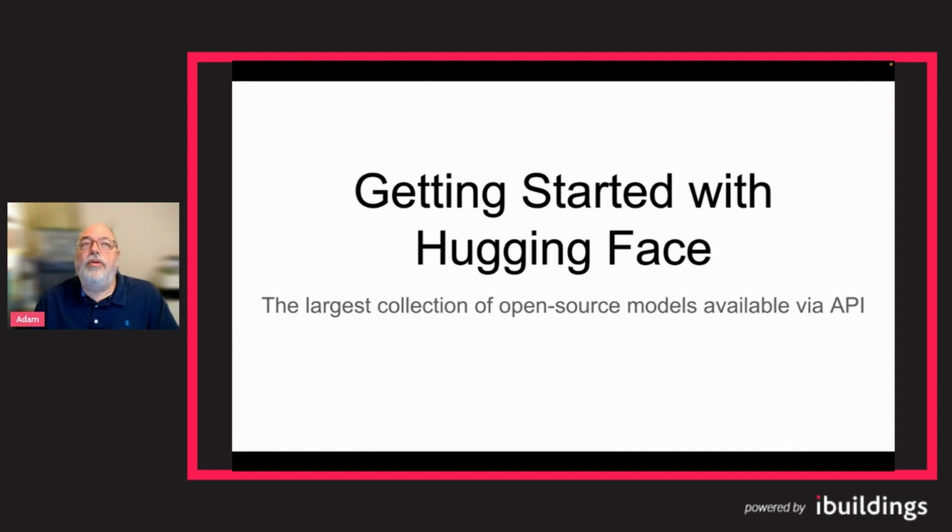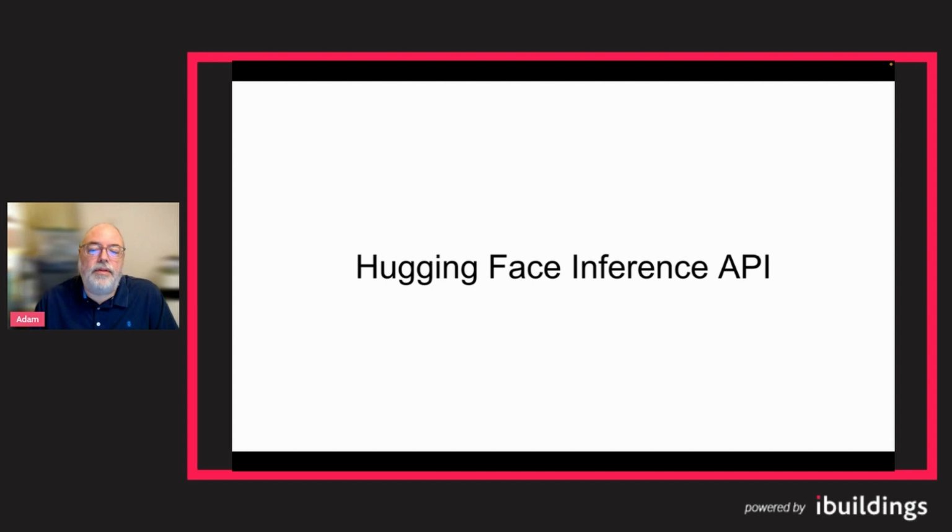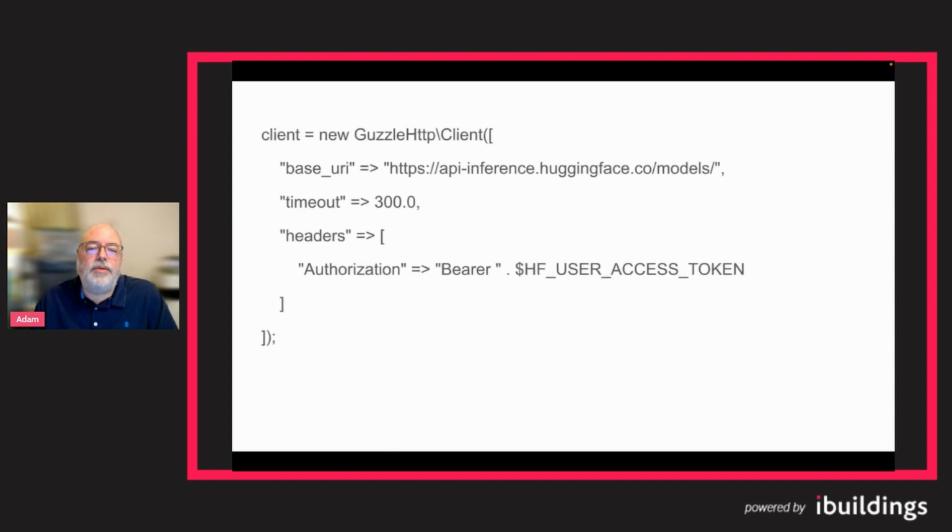But if you are using PHP, you can access it through the Hugging Face API, what they call their inference API. The inference API is very similar to what we just talked about for OpenAI.